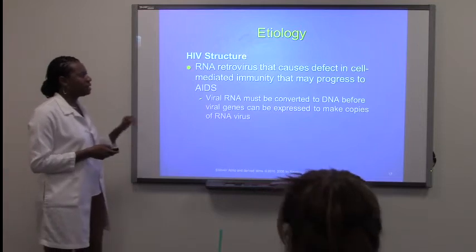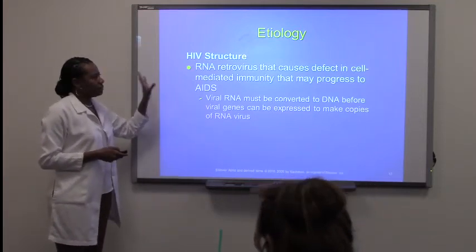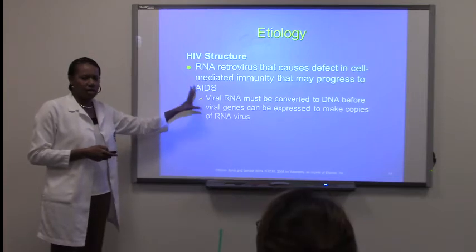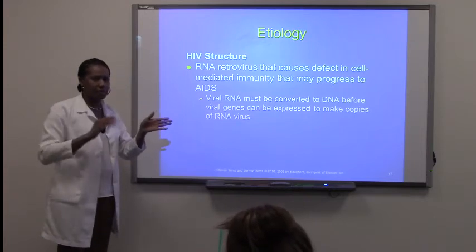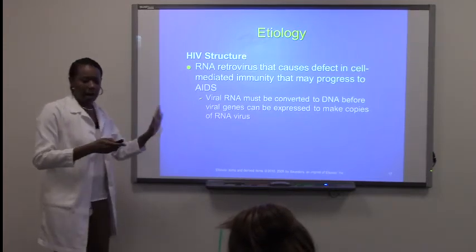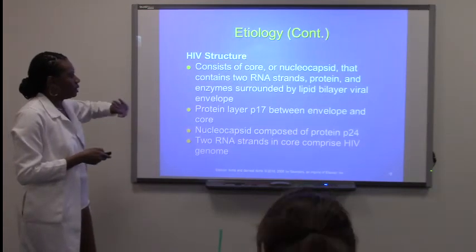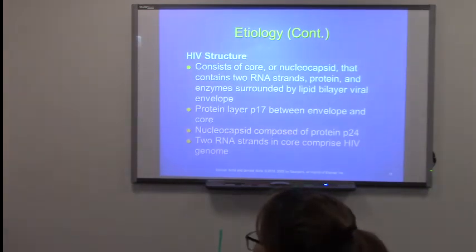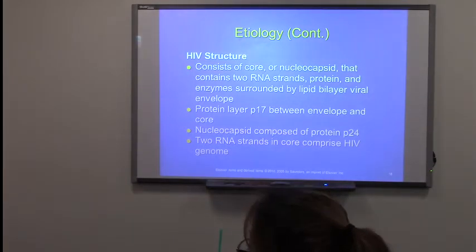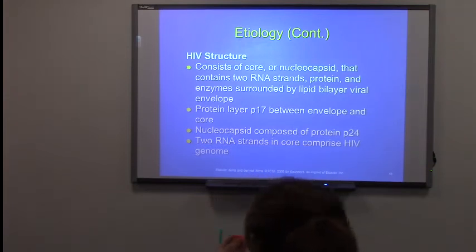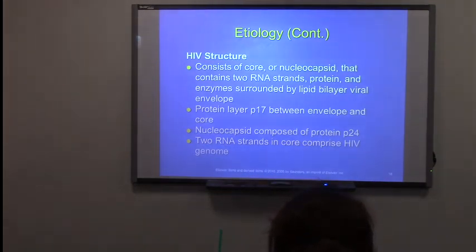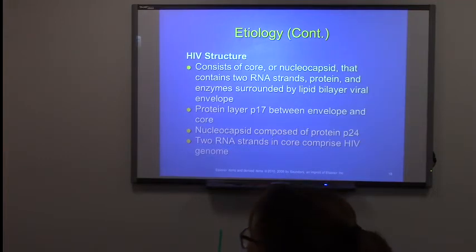Okay. Now, going into the etiology, we all know that HIV is an RNA retrovirus, and then we all know that it converts to DNA and then back to RNA so we can spread and make copies, okay? So we already know that. Now, I'm going to omit, let me just tell you right now, and I'm sorry because I'm rushing because we're running out of time, I am going to omit all of those slides that go over all this micro.